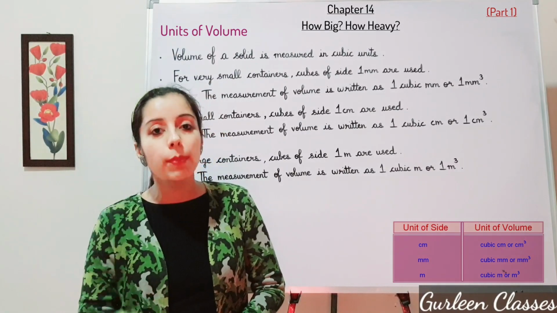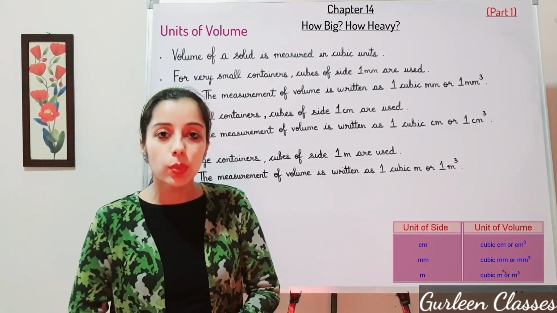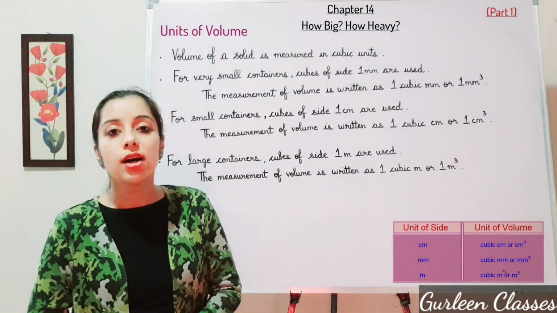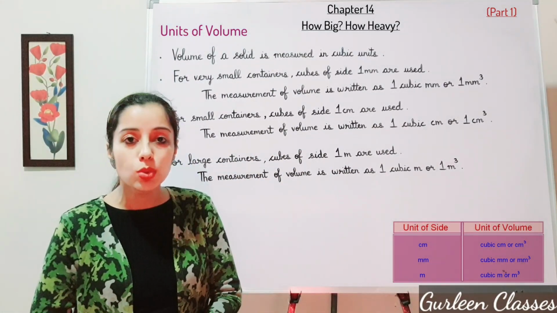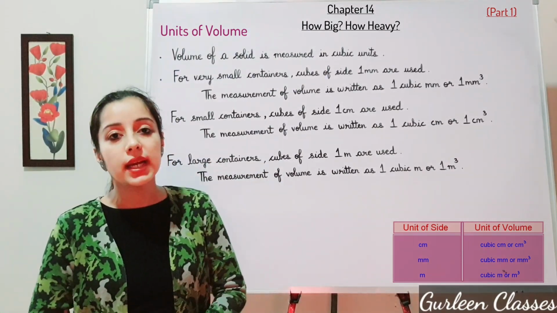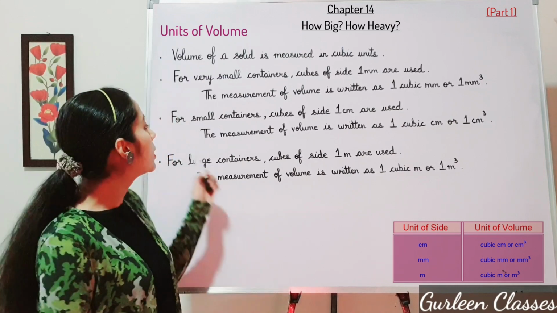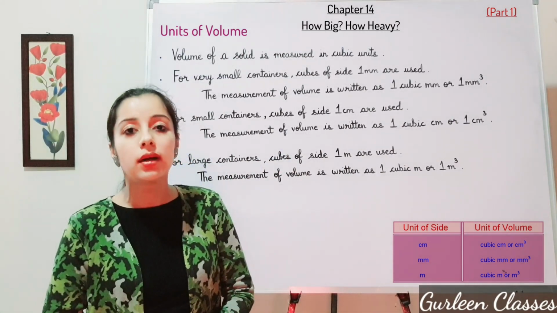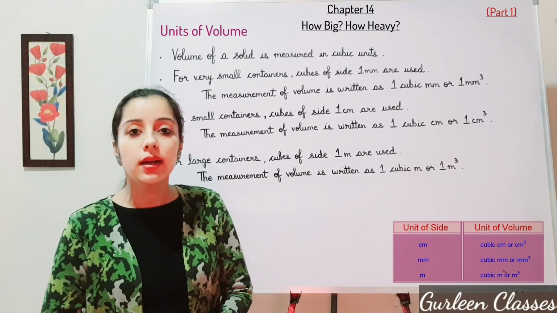We write 3 at the top for cube. Next, for small containers, cubes of size 1 centimeter are used. The measurement of volume is written as 1 cubic centimeter or 1 centimeter cube.